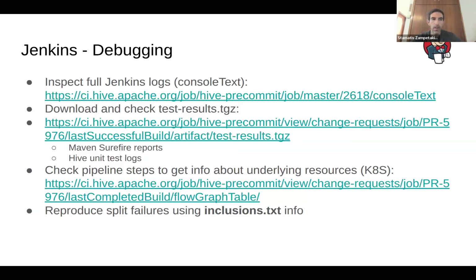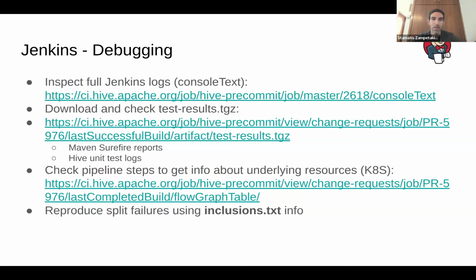If you have a failure in a specific split, and you see it failing twice in a row, it is very likely that it can be easily reproduced locally if you use the same sequence of tests.